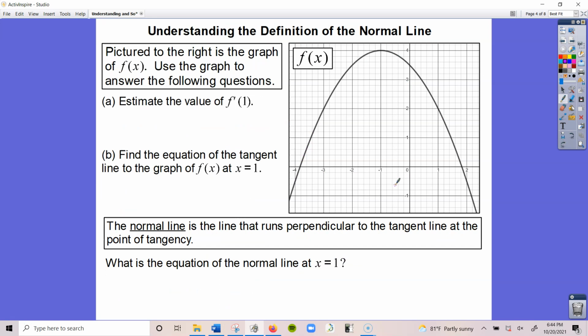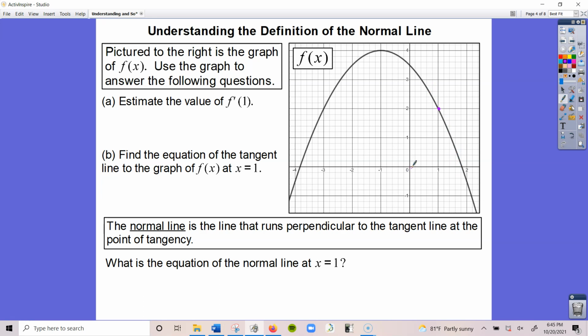Now let's revisit the normal line, just to really understand what a normal line is. Picture to the right here is the graph of f of x. So let's go through these motions here. The first thing we're going to do is estimate the value of f prime of 1. So here's 1. I'm going to choose a point to the left and to the right of 1.